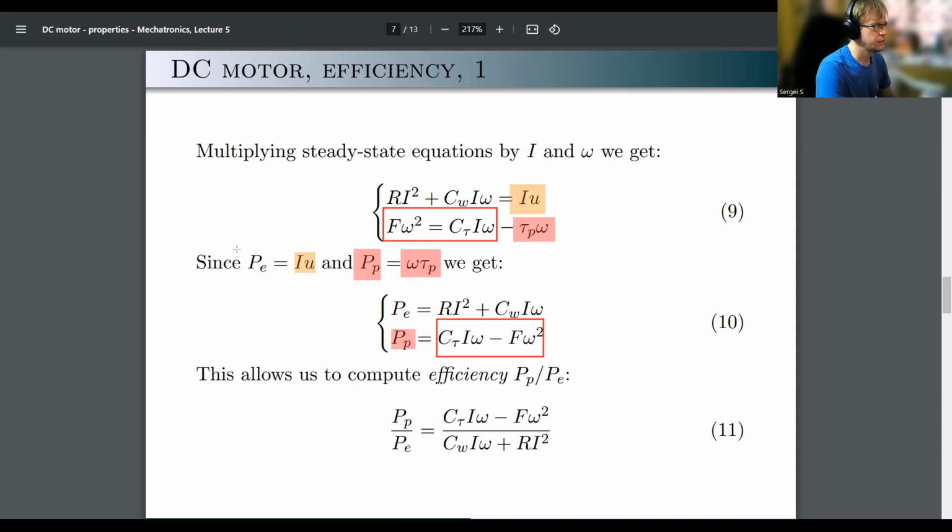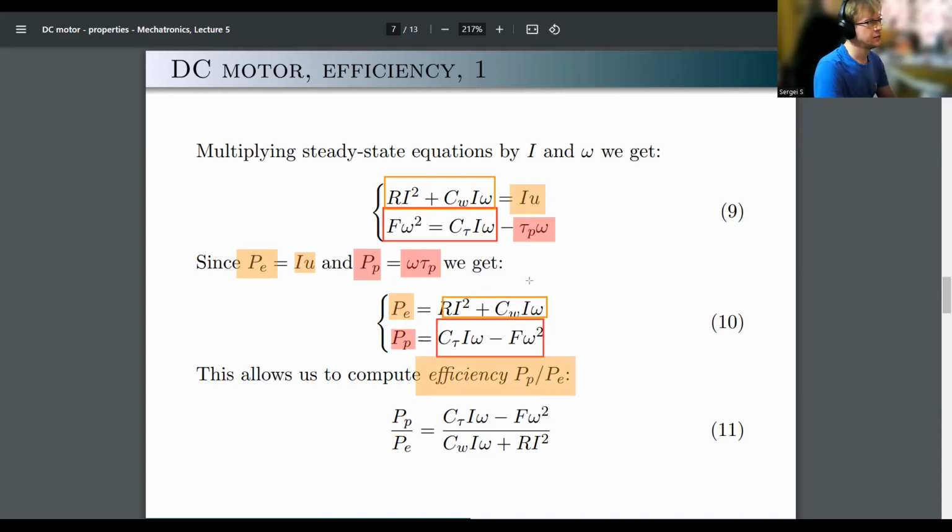So the expression here defines electrical power. And we have two expressions, one for mechanical power, one for electrical power, for the steady state solution. Quite useful. Now, what we can do is compute efficiency, which is the ratio of mechanical power to electrical power.